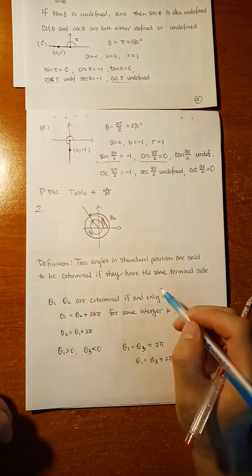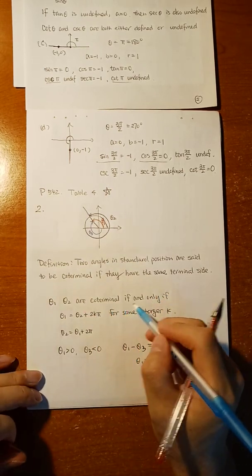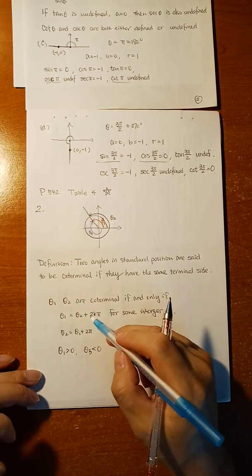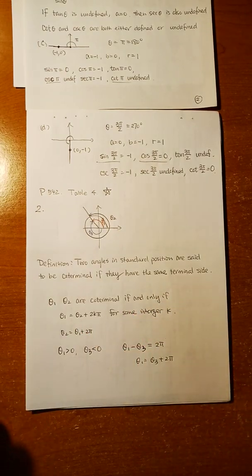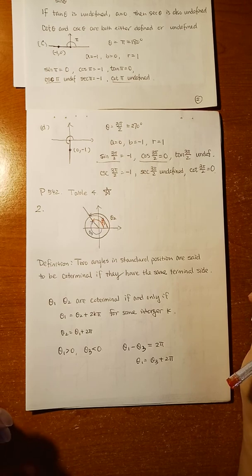Any two angles are coterminal if and only if one is the other one plus a certain integer multiple of 2 pi. They share the same terminal side.